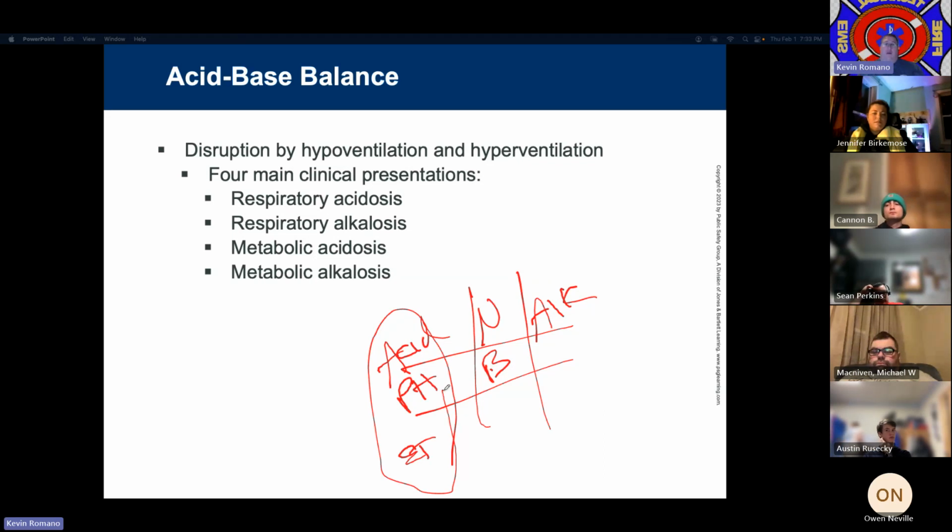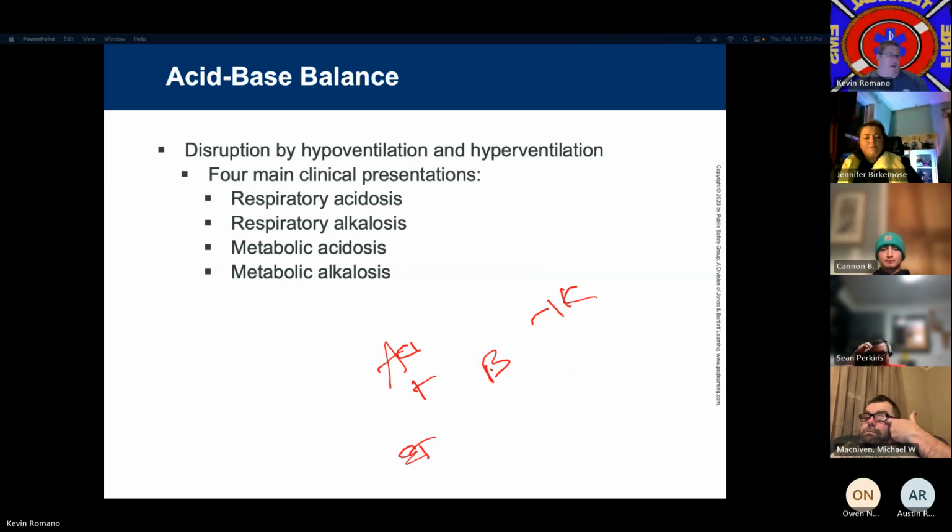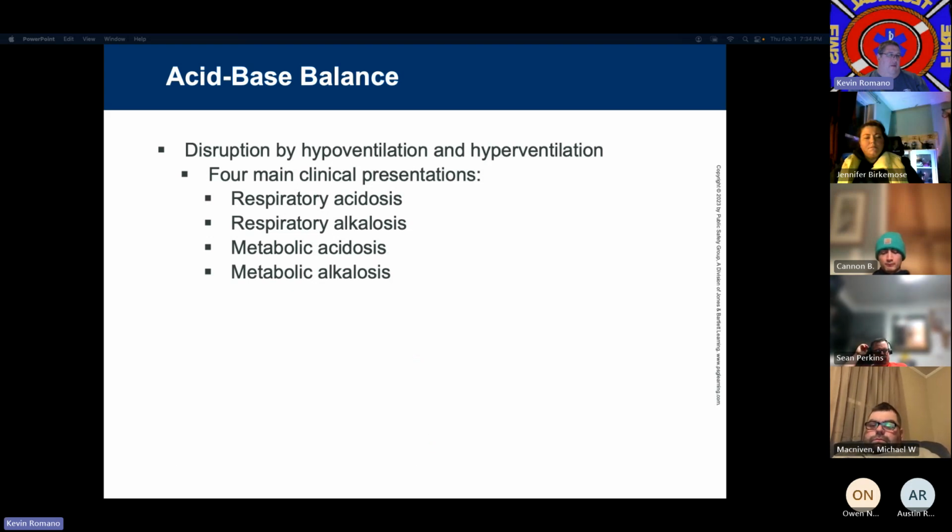That a little bit easier? As long as you know your normal ranges and what the differences are, put them into a tic-tac-toe board. That'll also help you as well. Literally memorize numbers, and you can tell the difference between the two. So I'll put these out here again.